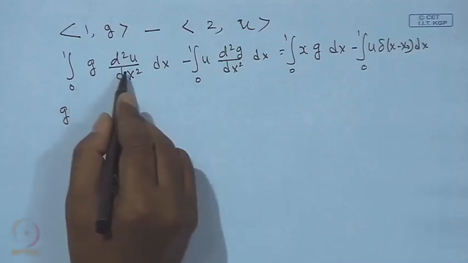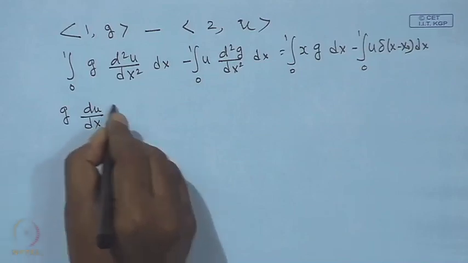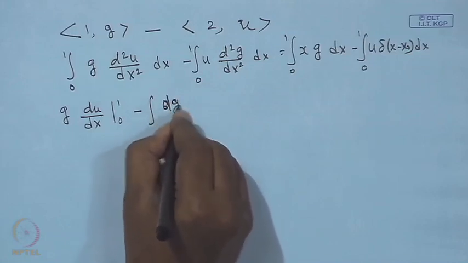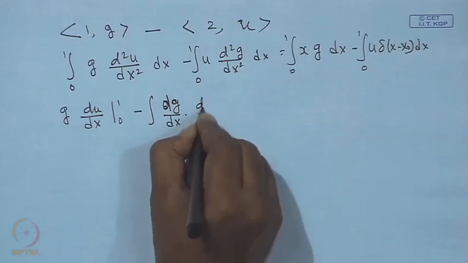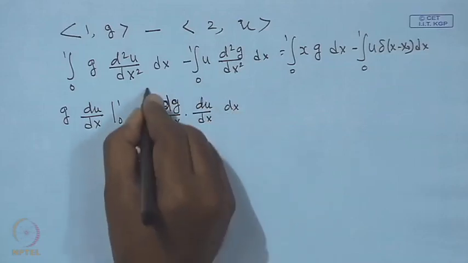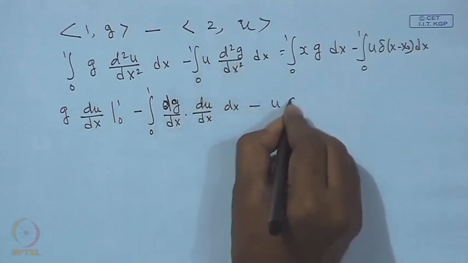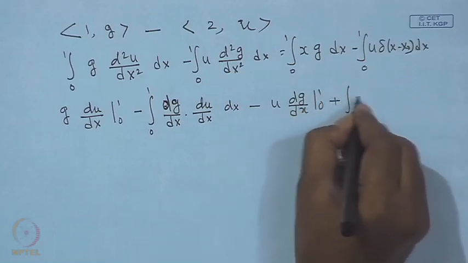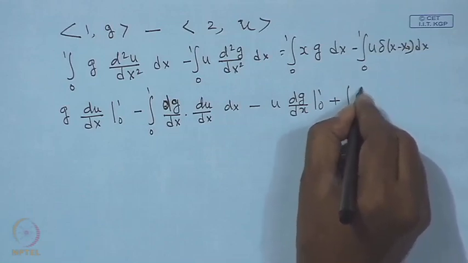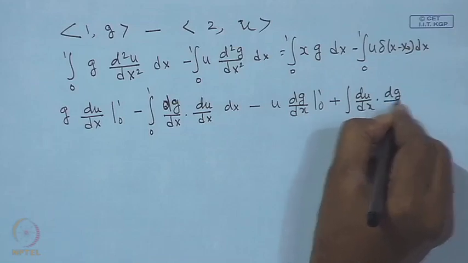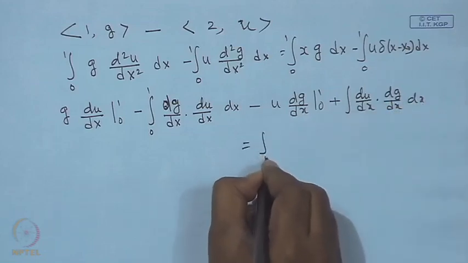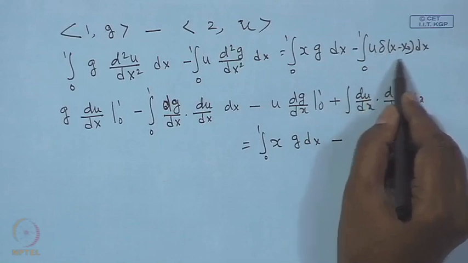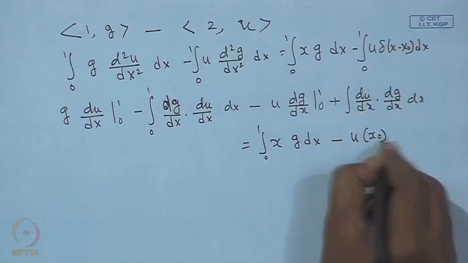G first function, integration of second function is du dx from 0 to 1, minus differential of first function dg dx, integration of second function du dx, 0 to 1, minus first function, integration of second function u dg dx from 0 to 1, plus integration of differential of first function du dx, integration of second function dg dx, is equal to integral 0 to 1 of f g dx minus, using the shifting property of the Dirac delta function, this will be nothing but u of x naught.